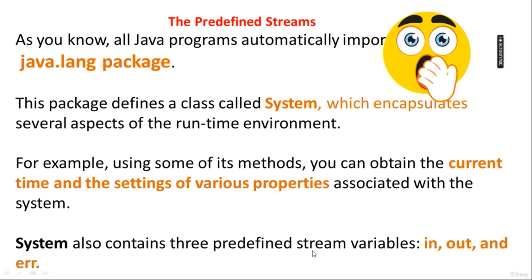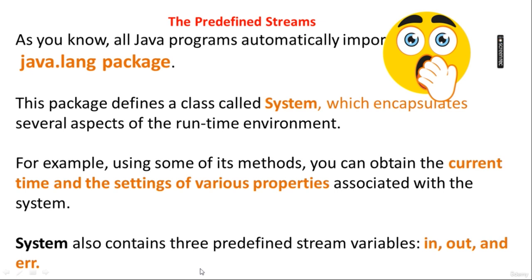System also contains the predefined streams in, out, and error. Okay, so using the System class, you can get the time and settings of various properties associated with the system. This class System is inside the java.lang package, which is automatically imported.